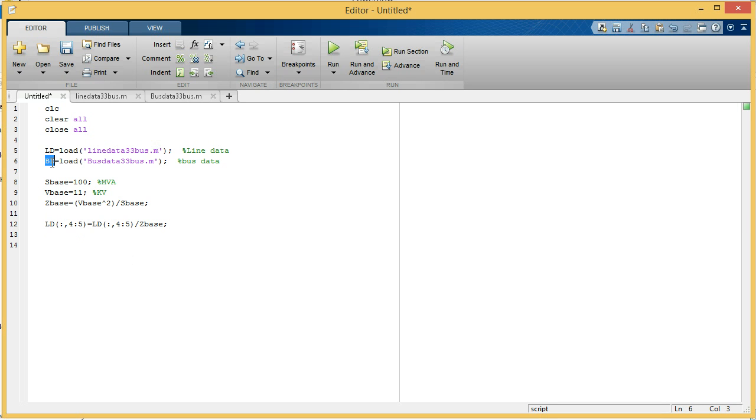And the data for our bus was in the second and third columns.